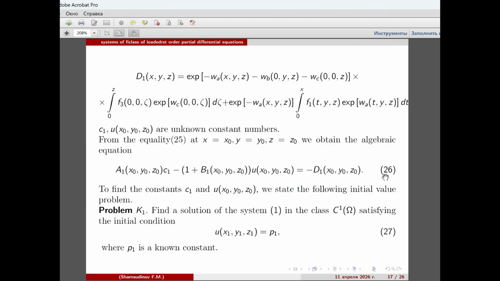To find the constant c_1 and u(x0,y0,z0), we state the following initial value problem. Problem K1. Find a solution of the system 1 in the class C1(omega) satisfying the initial condition 27, where p_1 is a known constant.